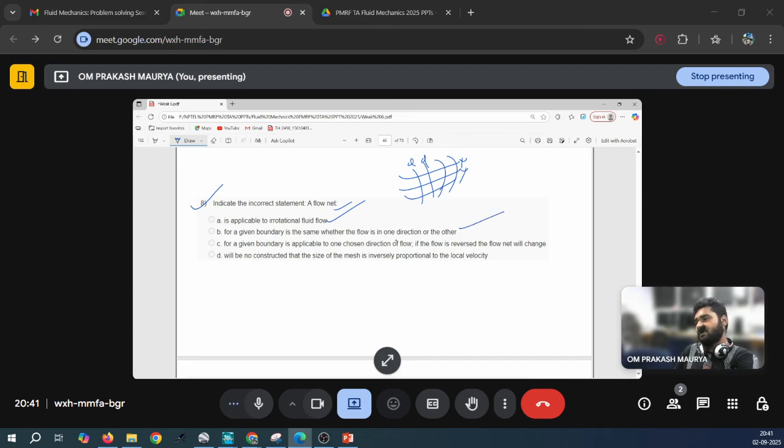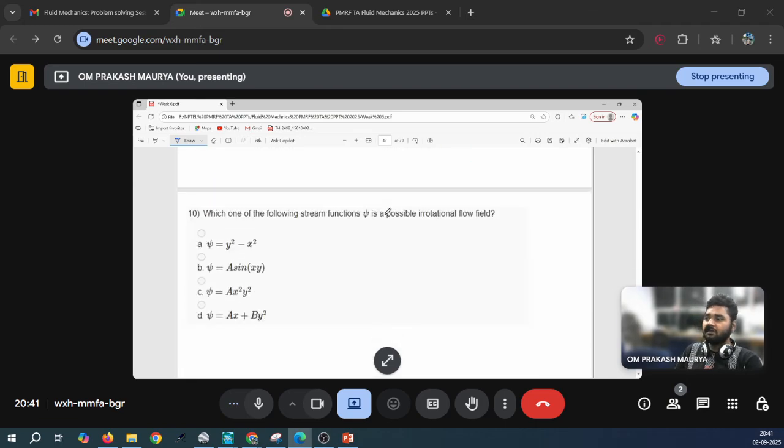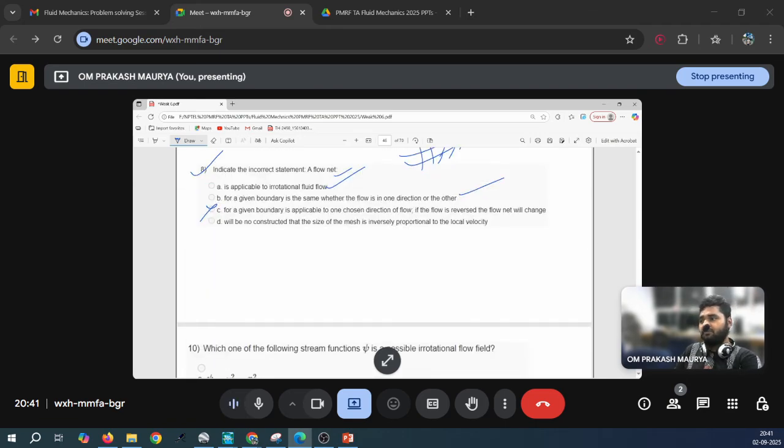Yes, fine. For a given boundary it is applicable to one chosen direction of flow. No, here it is just opposite. So this will be the incorrect one. So for this question, your option C is correct.